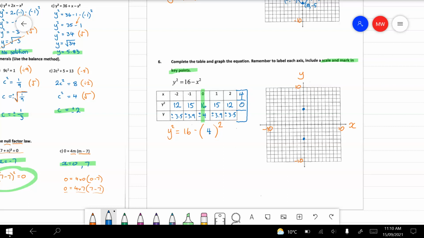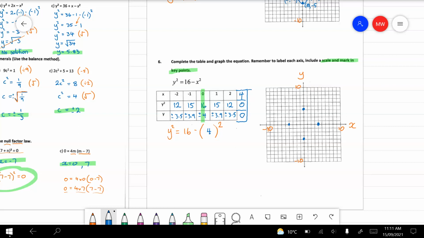Okay, and the square root of nothing is nothing, so that's great. I know that here when x is 4, y is nothing, and this is also obviously when x is minus 4. If I did one off the other end as well, then it's going to go through here.